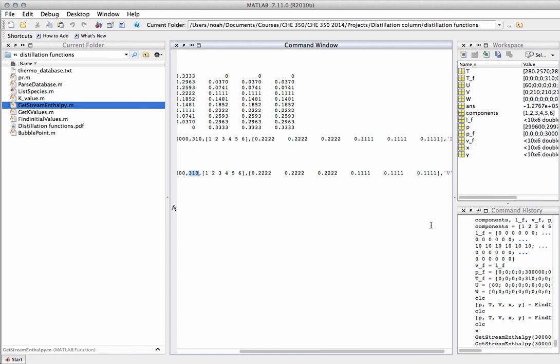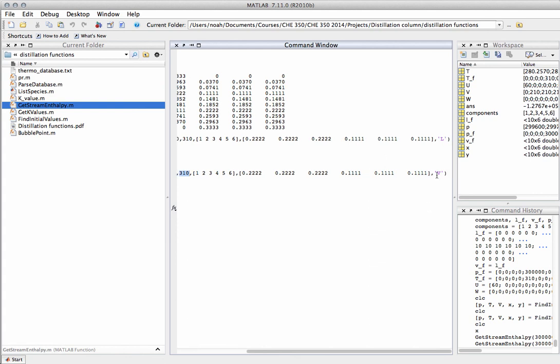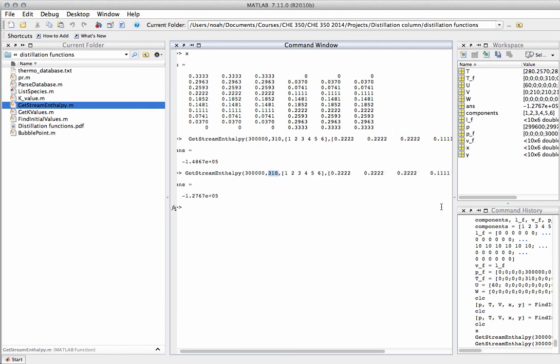Compositions then becomes a matrix. It's going to be an n by c matrix where every row represents one of the streams that you're analyzing, and the columns are the components in that row. And V or L is going to be either vapor or liquid. You can only analyze a set of vapor streams or a set of liquid streams. You can't analyze vapor or liquid streams simultaneously.